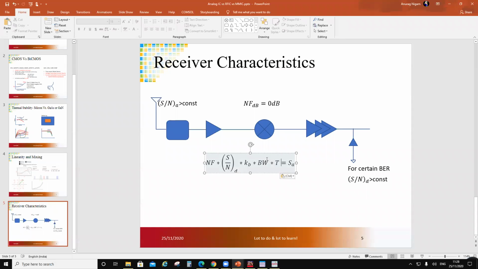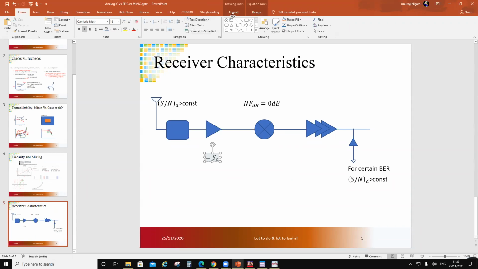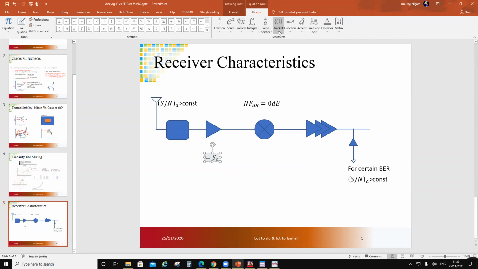Now, in terms of voltage, it would be this times the impedance, which is Z0.